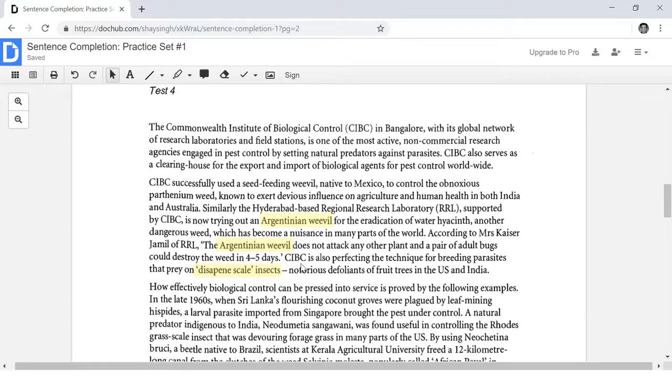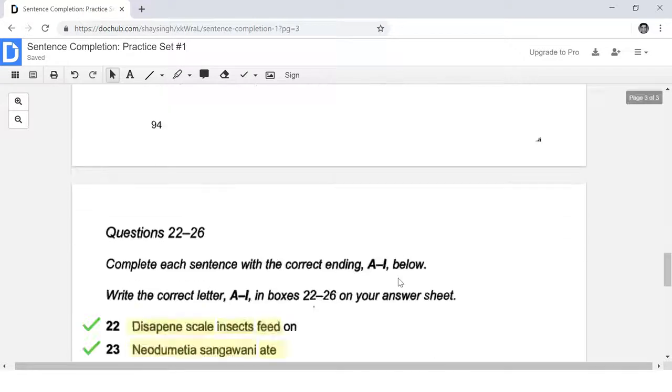It says, CIBC is also perfecting the technique for breeding parasites that prey on diaspin scale insects. And then it's defining these insects, notorious defoliants of fruit trees in the US and India. So that means that these insects plague the fruit trees.